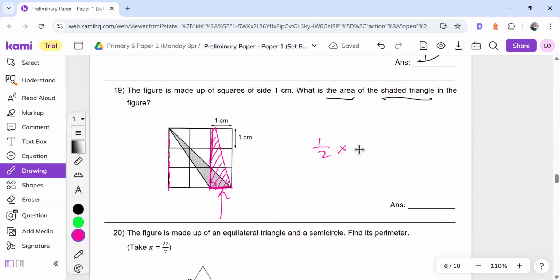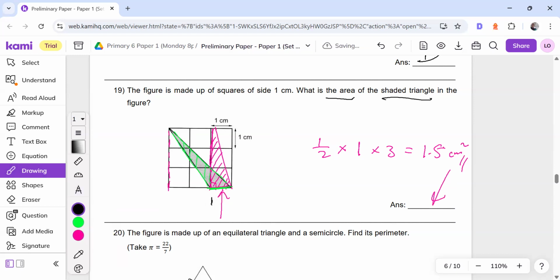Half times base, the base is 1, and the height is 3. Half times 1 times 3, you will get 3 divided by 2, which is 1.5. So the area of the shaded figure is 1.5 cm square. Of course, you tell Mr. Ong, must I do this? Can I just do it like that?